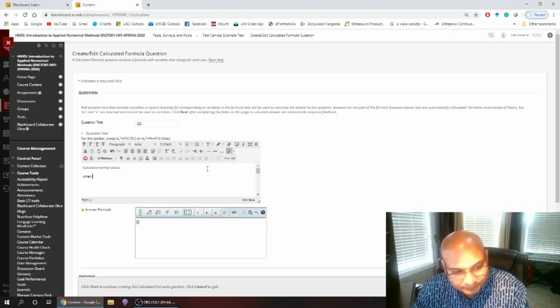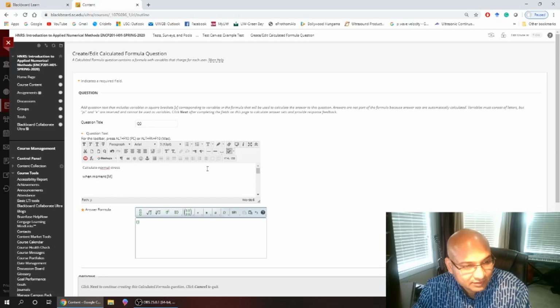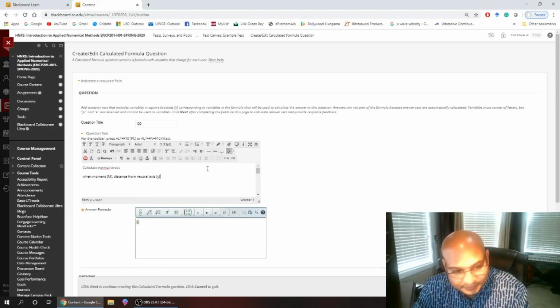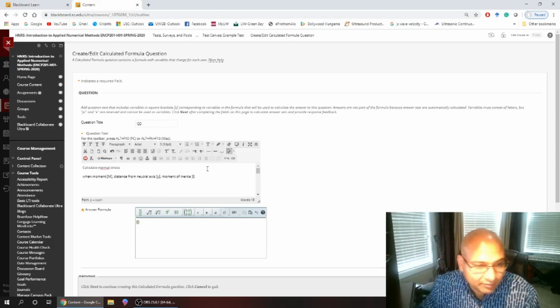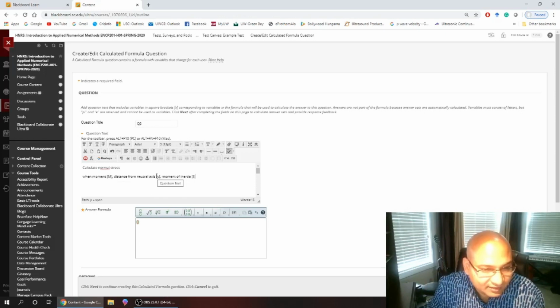Let's say when moment is, put it in the third bracket, moment M, distance from neutral axis is y, and moment of inertia, let's say I. So these are my parameters where I can assign some values.